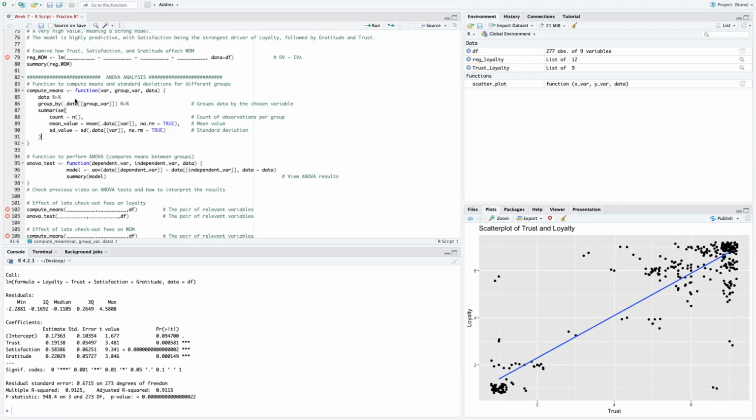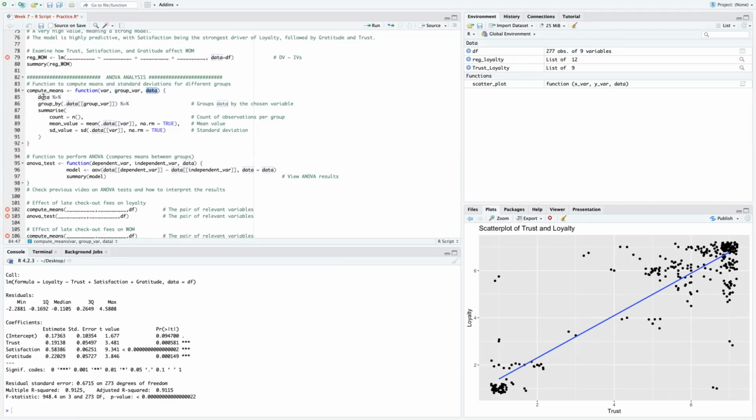Let's do it. All right, so right here, we are going to write a general function to compute the means and standard deviation for different groups. Again, the first line, basically we define the function that we want. The function needs the input of the dependent variable, the grouping variables, and the data.